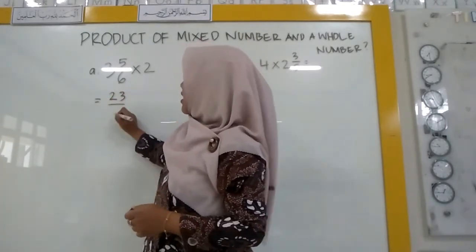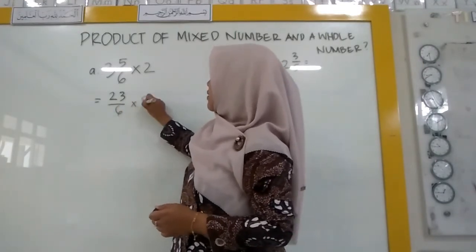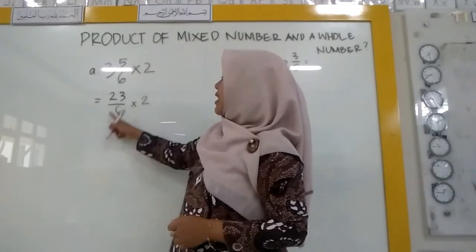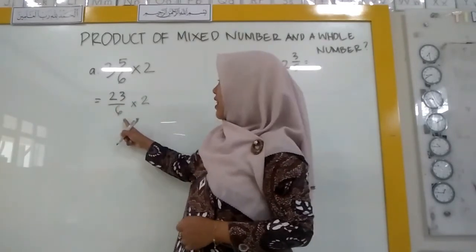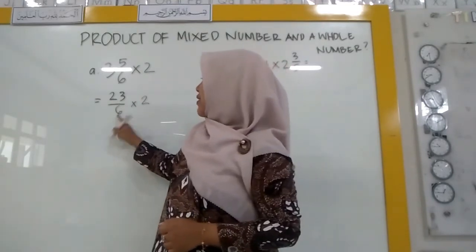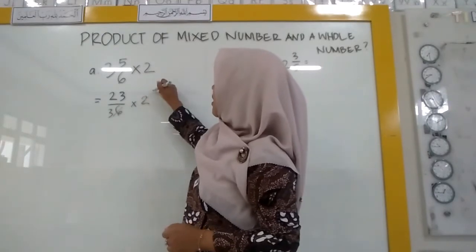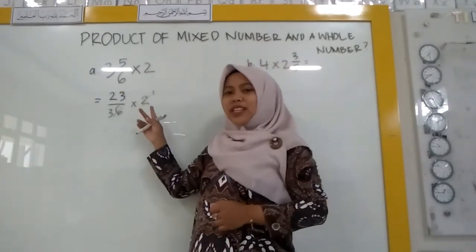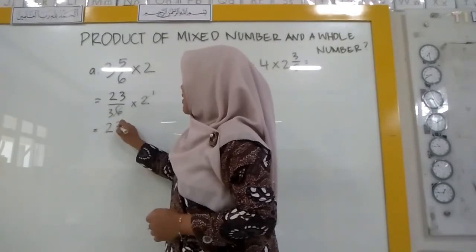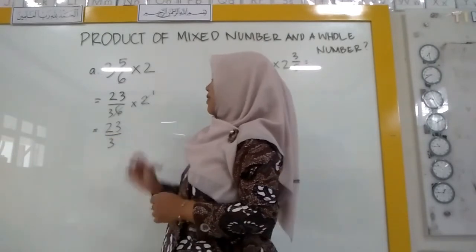So now we have 23 over 6 times 2. Let's do it like before. Let's find the same factor of these, and that is 2. So let's divide by 2. 6 divided by 2 is 3. 2 divided by 2 is 1. So now we have 23 times 1 over 3, so it's 23 over 3.